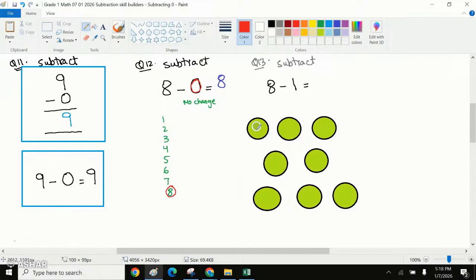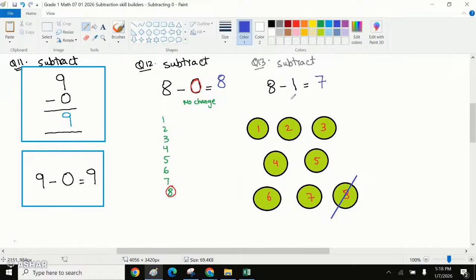So let's number them. 1, 2, 3, 4, 5, 6, 7, and 8. So whenever we need to subtract a number, yes, thank you so much, Kunsti, for the answer. We remove the largest number first, that is 8. And therefore, the answer comes out to be 8 minus 1 is 7.